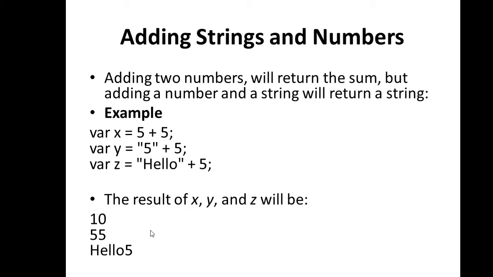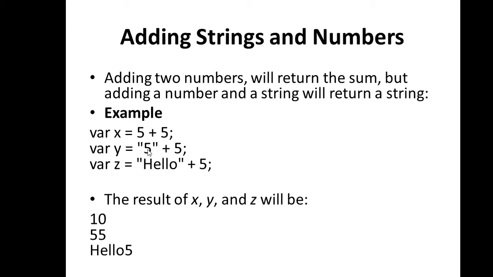Adding strings and numbers. Adding two numbers will return the sum, but adding a number and a string will return a string. In this example, 5 + 5 is x, so the value of x here is 10. But if you notice that 5 is enclosed in double quotes, then that makes the 5 not a number but a string.